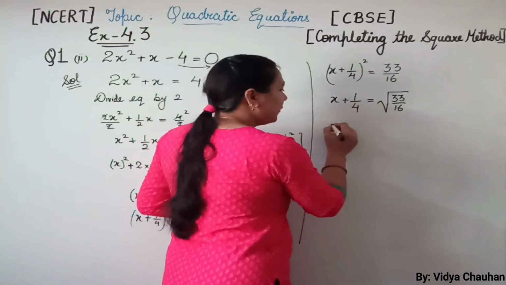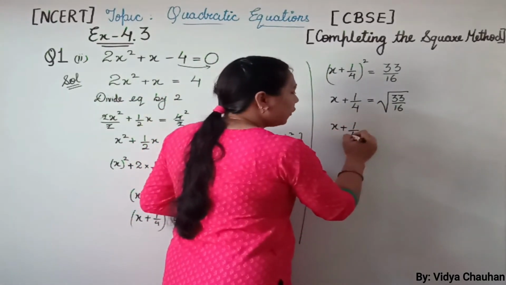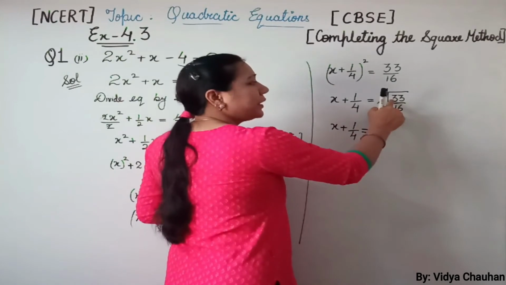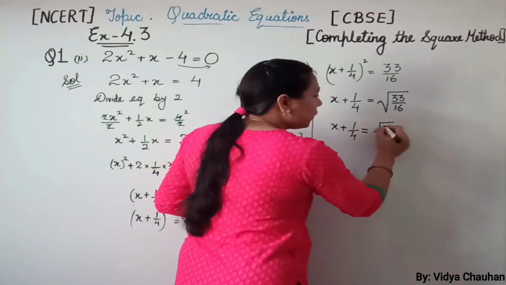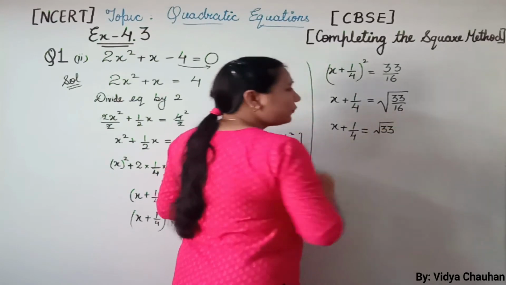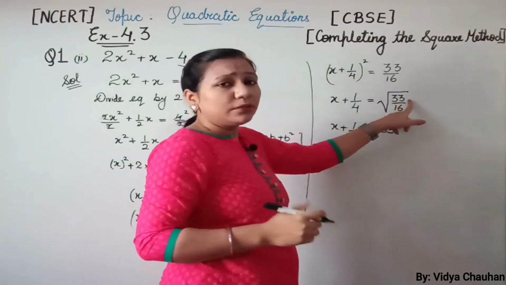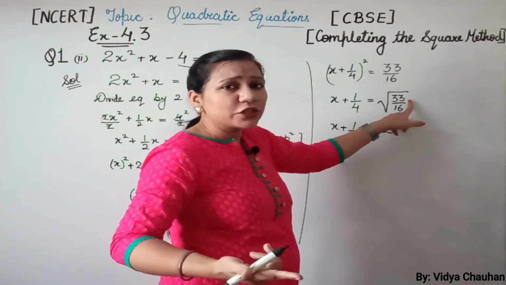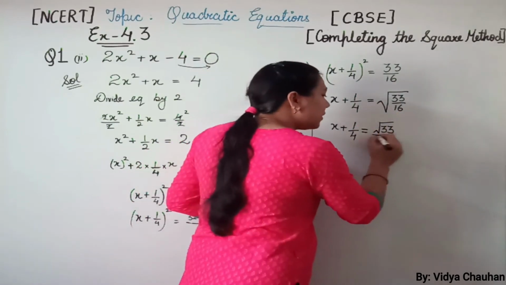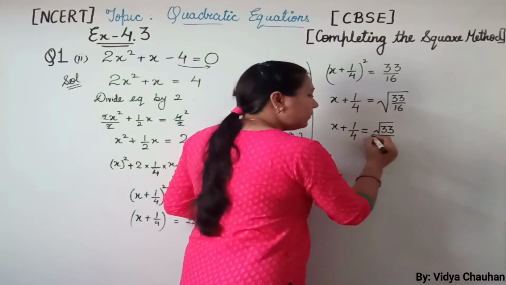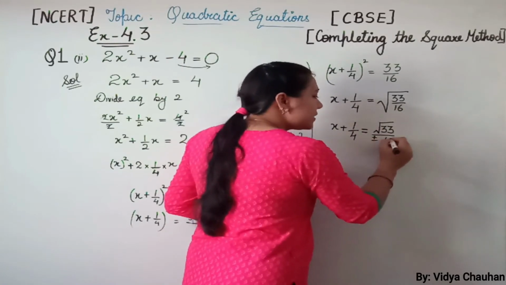Now the next step will be x plus 1 upon 4 equals to this square root. So we can write it in this format: square root of 33, because 33 is not a perfect square, so we will write 33 in the root format. And for this 16, can we write it as plus minus 4?